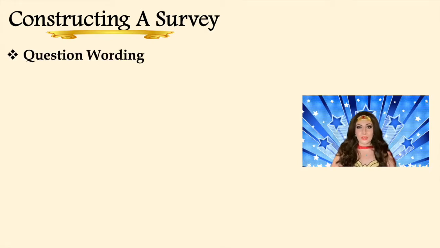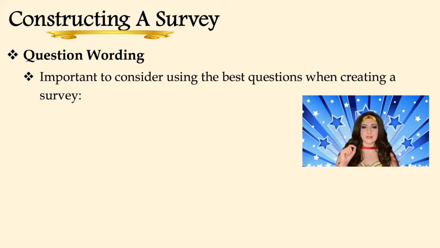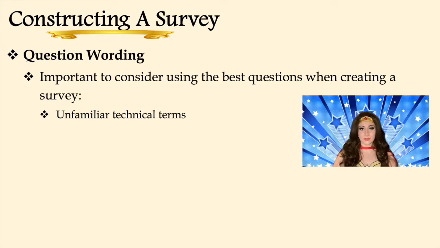Now, question wording is a really, really important part of constructing a good survey. So it's really important to use the best questions when you are putting them together. You want to avoid unfamiliar or technical terms. You want to avoid vague or imprecise terms.